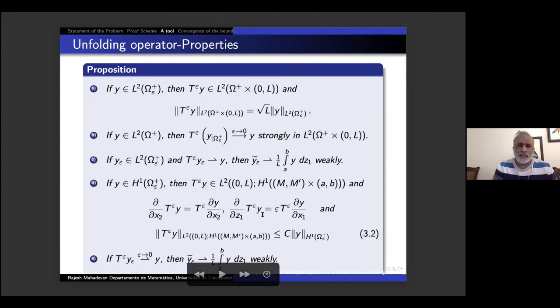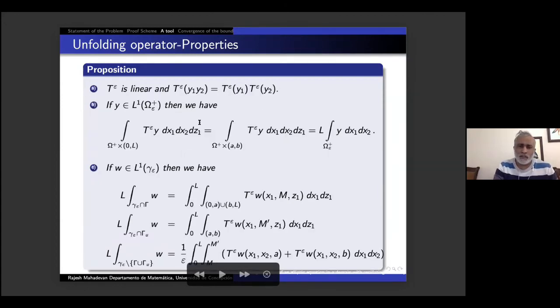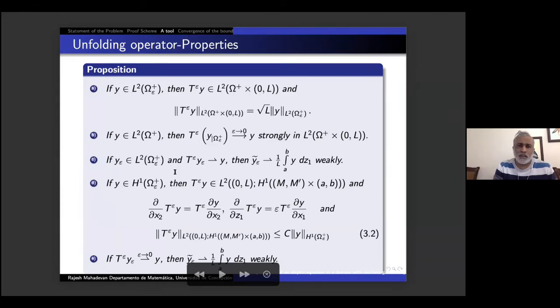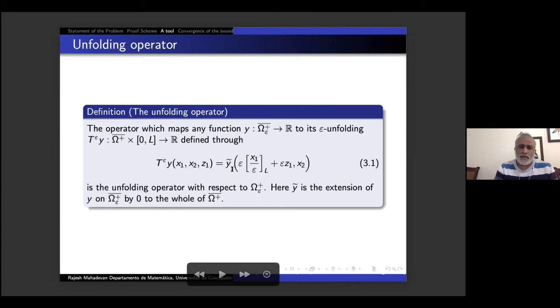So once you have this, some of these are consequences of some of the points before, which I would not like to go into, but what I would like to mention here is that if y is an H1 omega epsilon function on the upper domain, there are these relations, and also the L2 norm of this function t epsilon y, the unfolded function, because of the definition, you cannot expect differentiability with respect to x1.